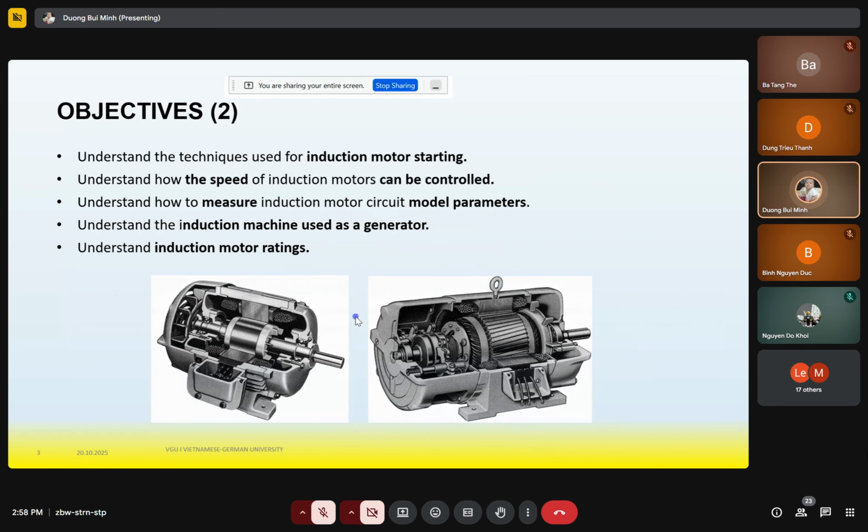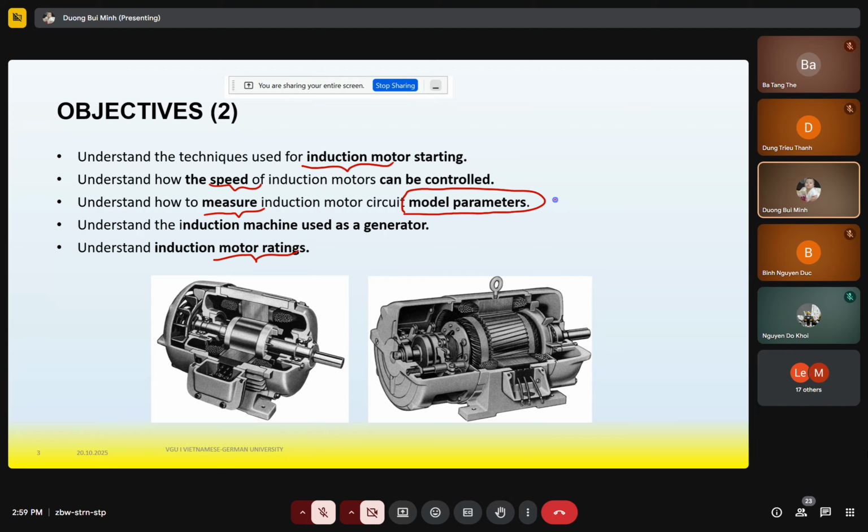We also understand how to start induction motors, how to control the speed, how to measure parameters of a synchronous motor or induction motor, and also understand the motor ratings. That means we have some rated parameters of induction motors.